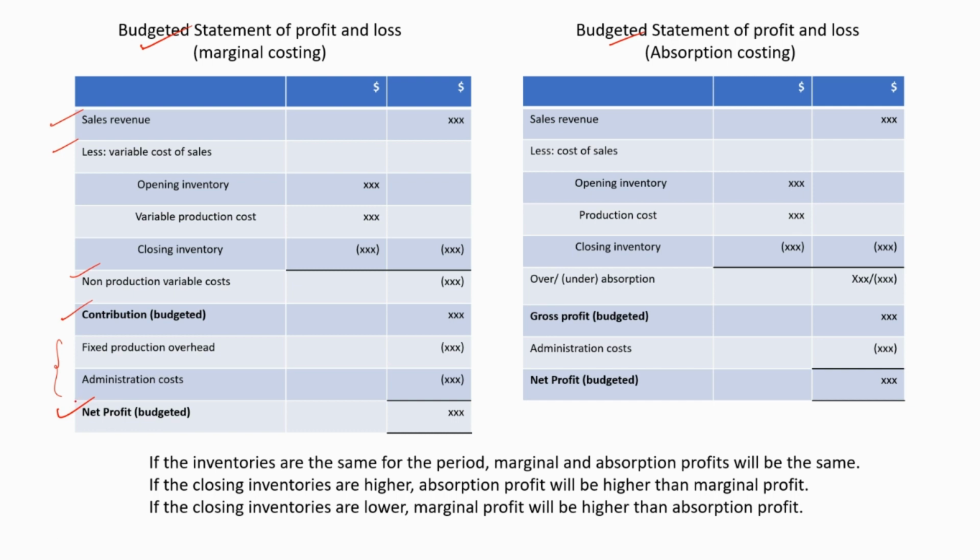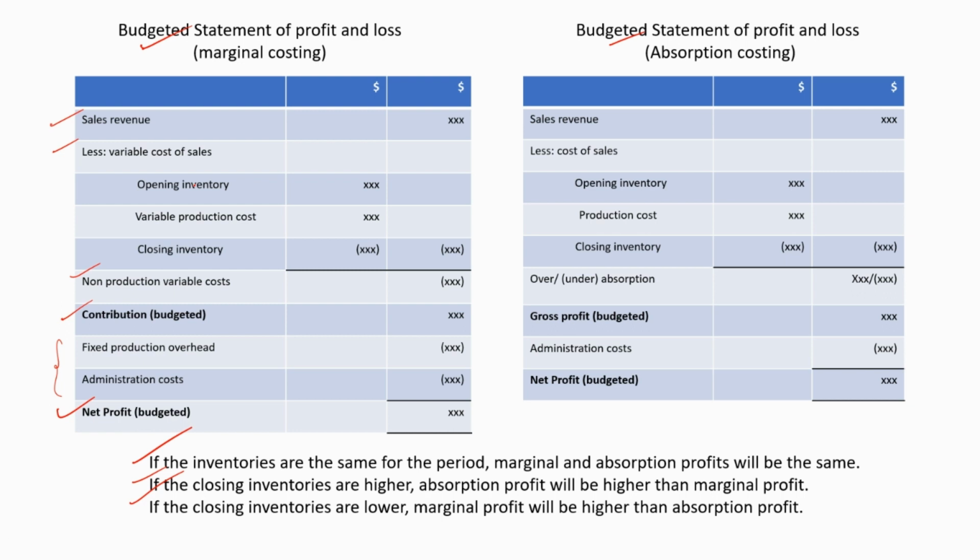So we have to use the variances in order to arrive at the actual profit. If the inventories are the same for the period, marginal and absorption profits will be the same. We discussed this under marginal and absorption costing. If the closing inventory is higher, absorption profit will be higher than marginal profit. If the closing inventory is lower, marginal profit will be higher than absorption profit.